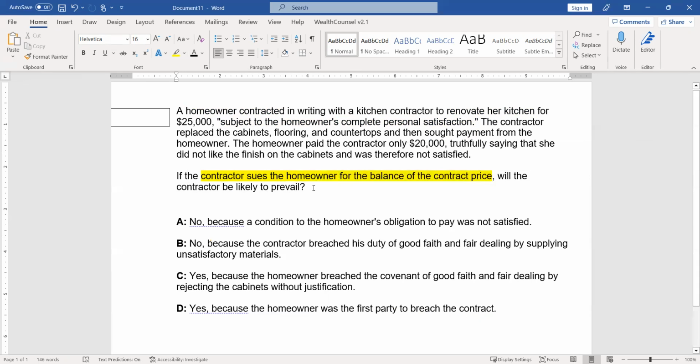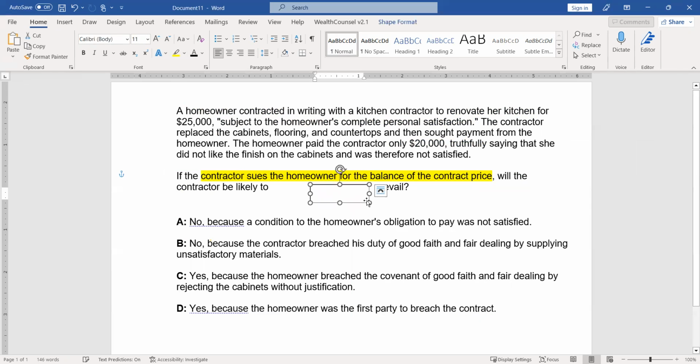You can gather from here that you've got a contracts question, construction, which means common law, and there's wanting damages.